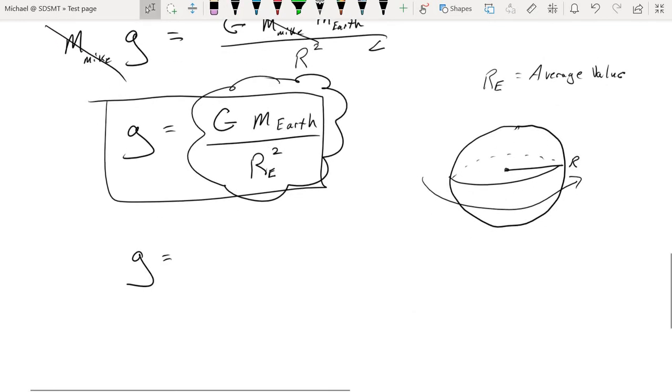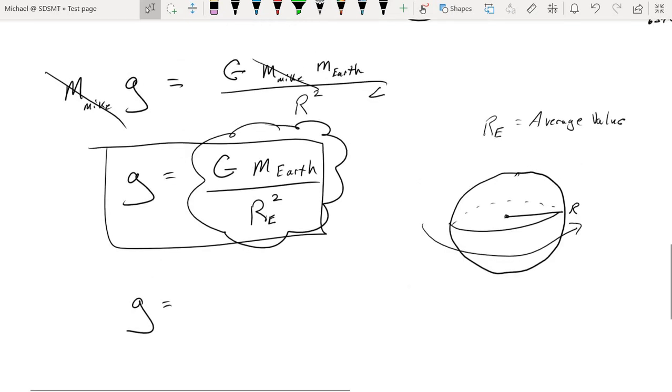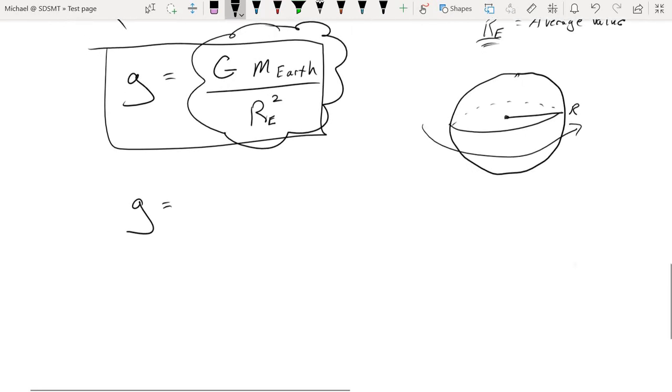Add to that the fact, where exactly on the surface of the Earth are you going to measure for R? Because you have areas like Death Valley that are a few hundred feet below sea level. You've got places like Mount Everest, which are a few miles above sea level. Why don't we measure this at sea level?